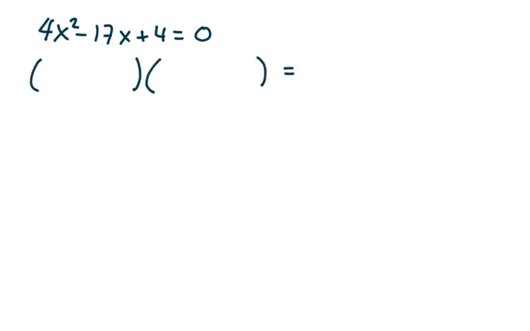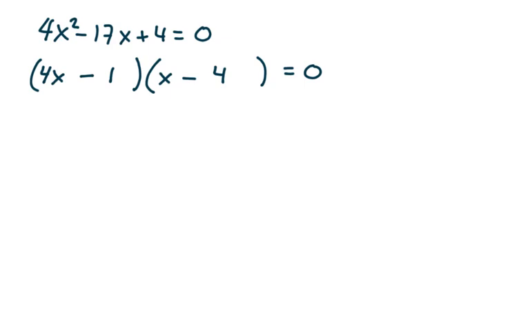So let's write this over here. We get 4x squared minus 17x plus 4 equals 0. So I'm going to do the traditional guess and check. So I'm going to put a 4x over here and an x over here. Okay? And I'm going to put minus 4 over here. And I'm going to put minus 1 over here.